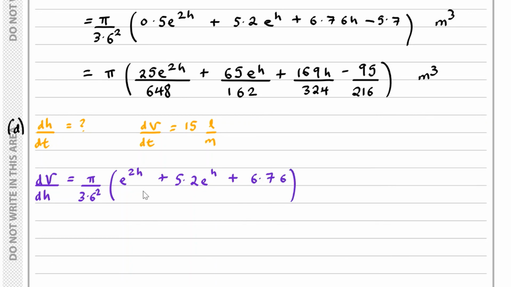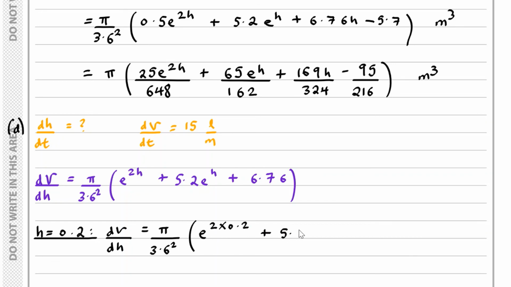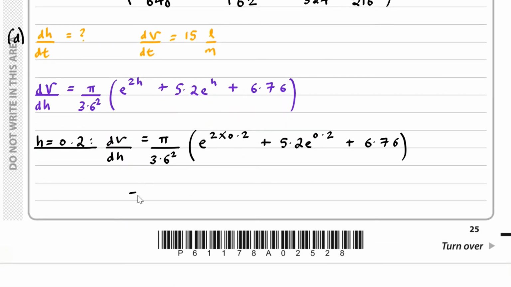Okay, and when h is equal to 0.2, we can substitute this into here to find out what dV over dH is. So we have pi over 3.6 squared lots of e to the power of 2 times 0.2 plus 5.2 times e to the power of 0.2 plus 6.76. So dV over dH, let's work this out.